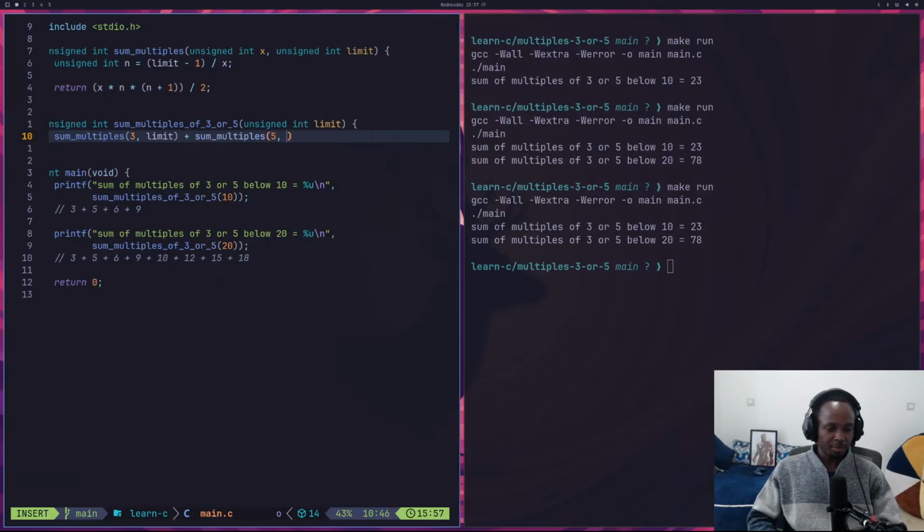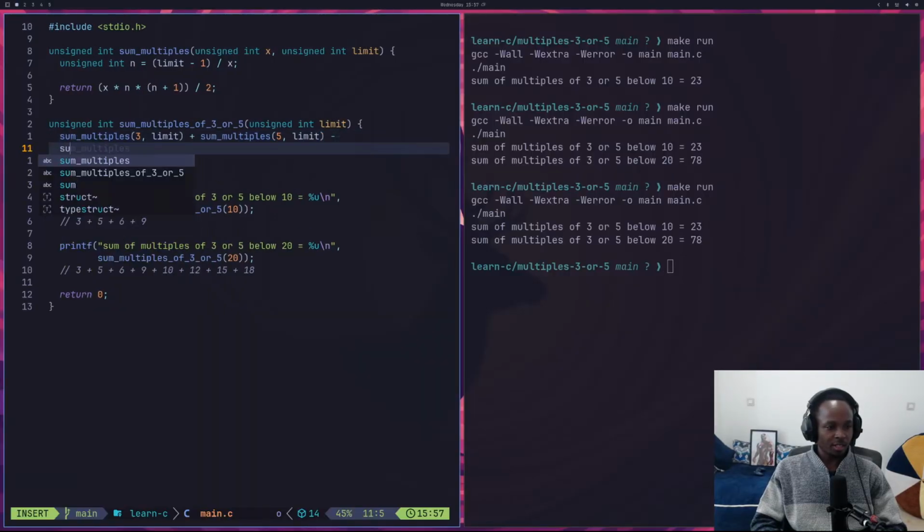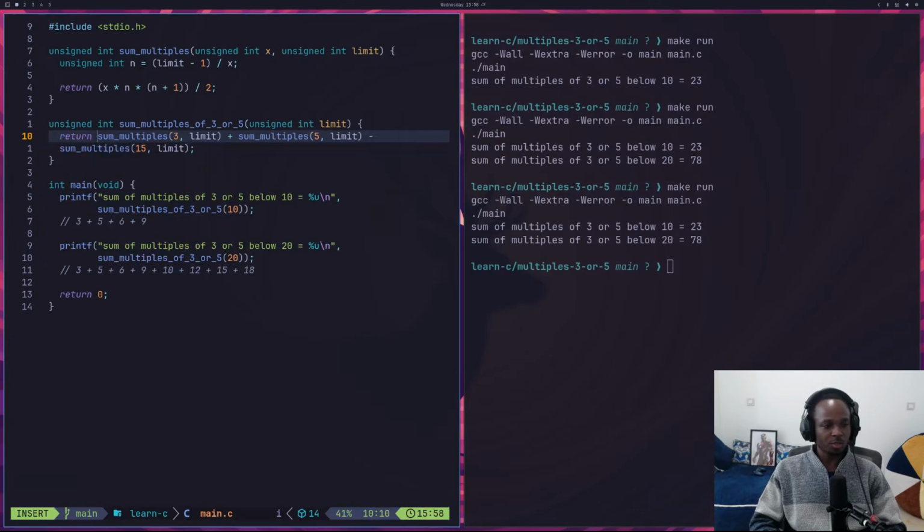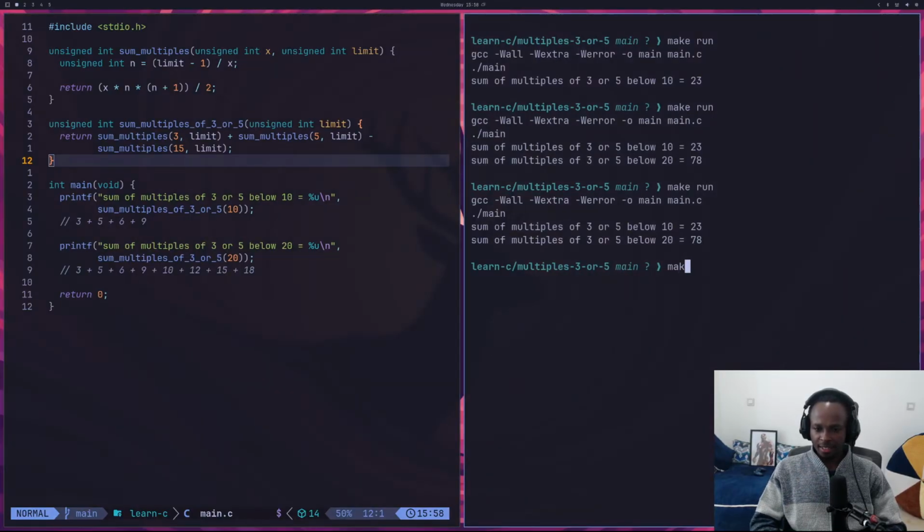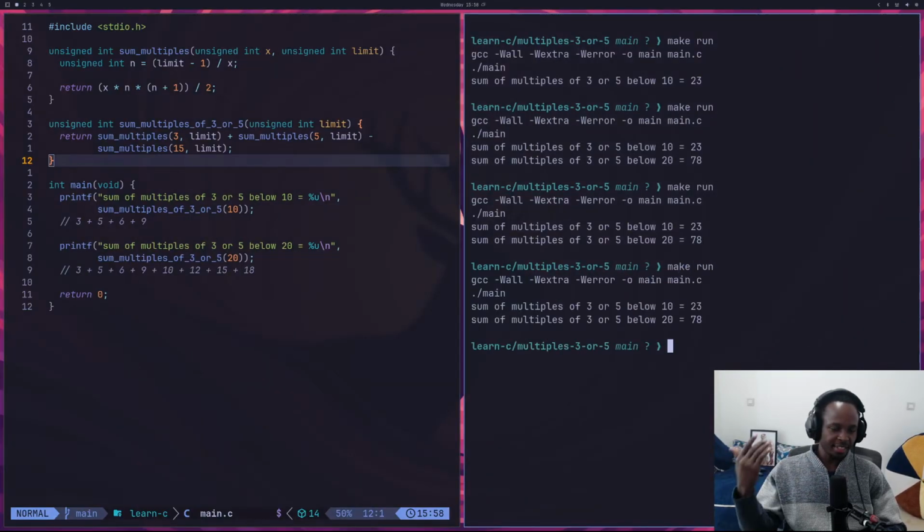Again, we drop the limit there, and we are going to subtract sum_multiples, this time for 15, and again we drop the limit there. And actually this is what we want to return. Yep, that looks about right. Let's run, and there we go.